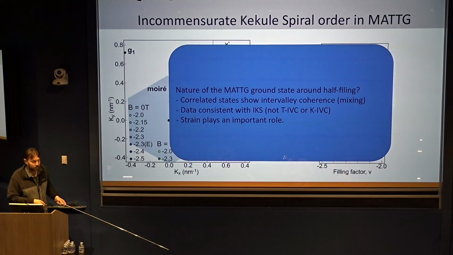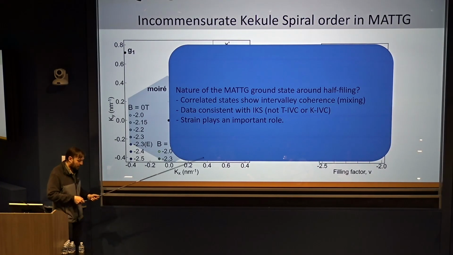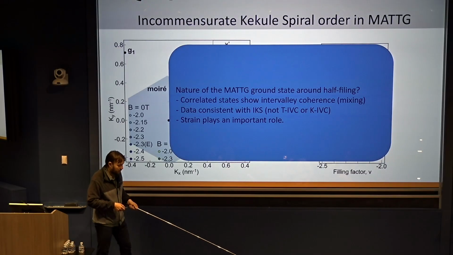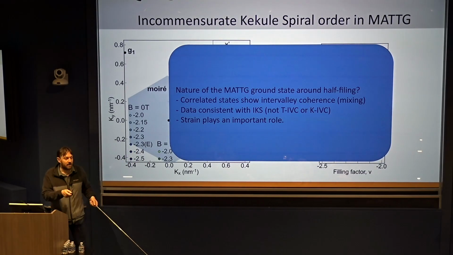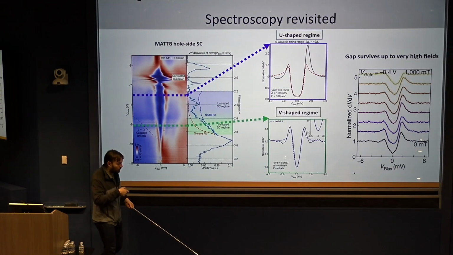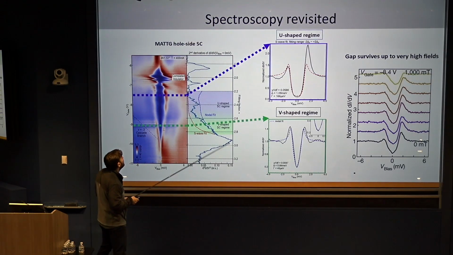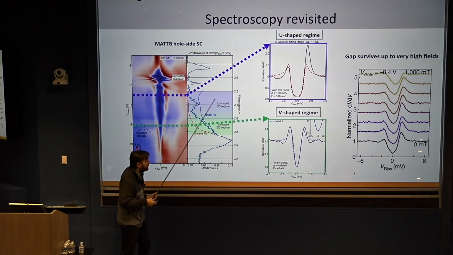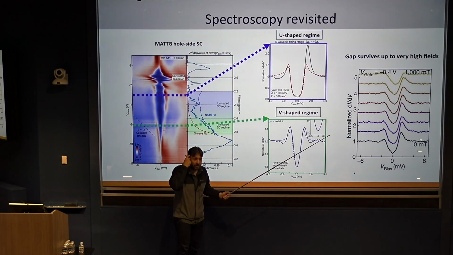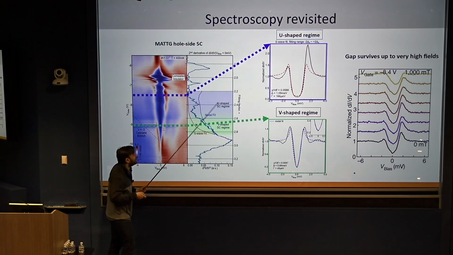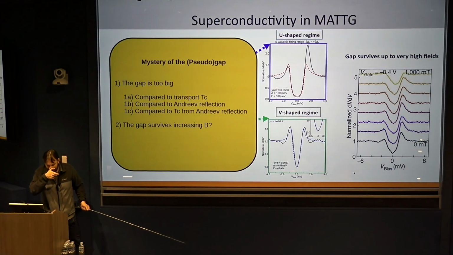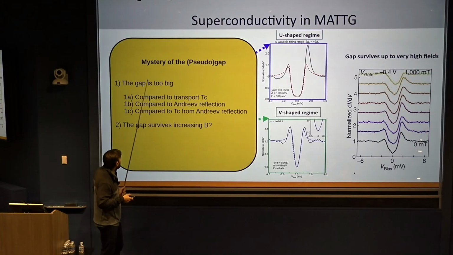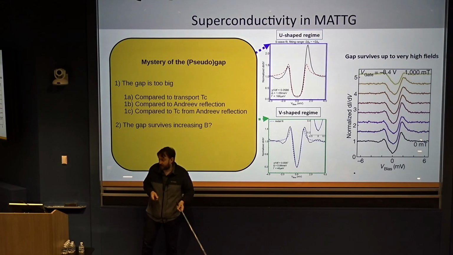So now, knowing this and mostly addressing these improved samples, I can go back and revisit some of the spectroscopic features that I showed you in the first part of the talk, where we said that there are some gaps that look like superconducting gaps, and there are various mysteries with these gaps.